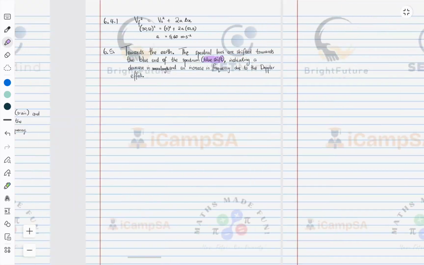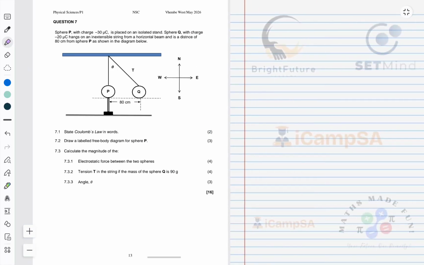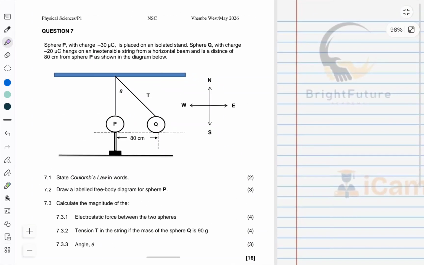Let's go and check question 7. Coulomb's law. Sphere P with a charge of minus 30 coulombs is placed on an isolated stand. There's a reason they isolate the stand, it is so that we eliminate the leakage of the charges.